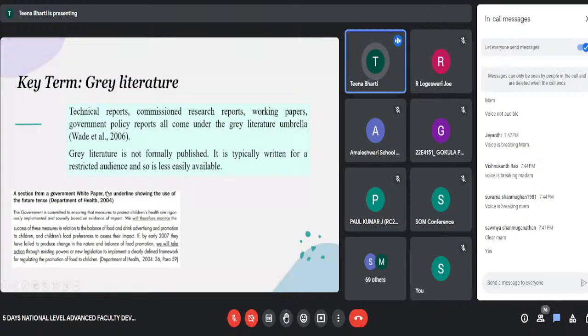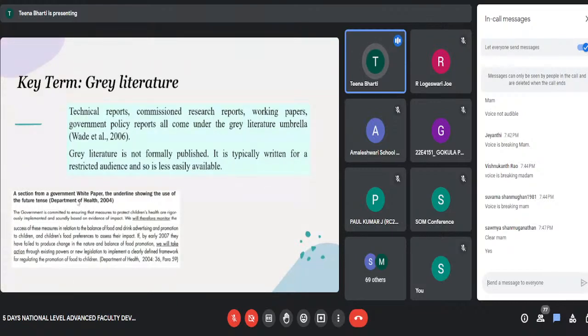So this was the question which was highlighted in the very beginning of the session, related to gray literature itself. There are various concepts, various terms, which till date have not been explored much. And when they are not explored much, we need to show that there is a research gap existing in that area.